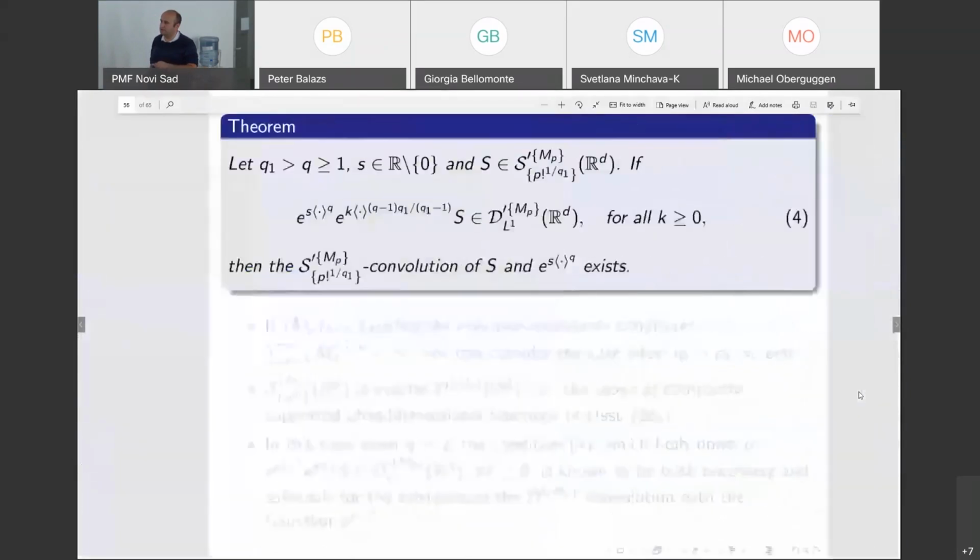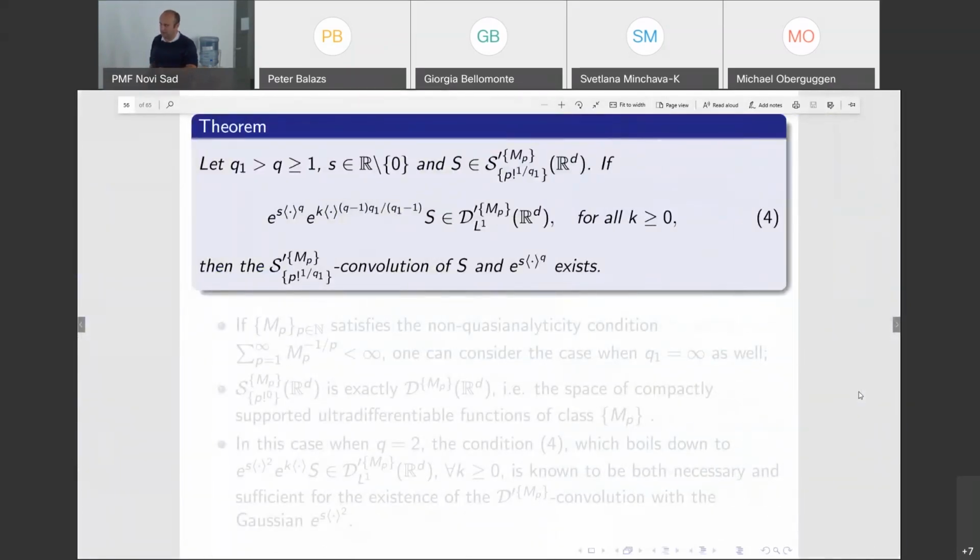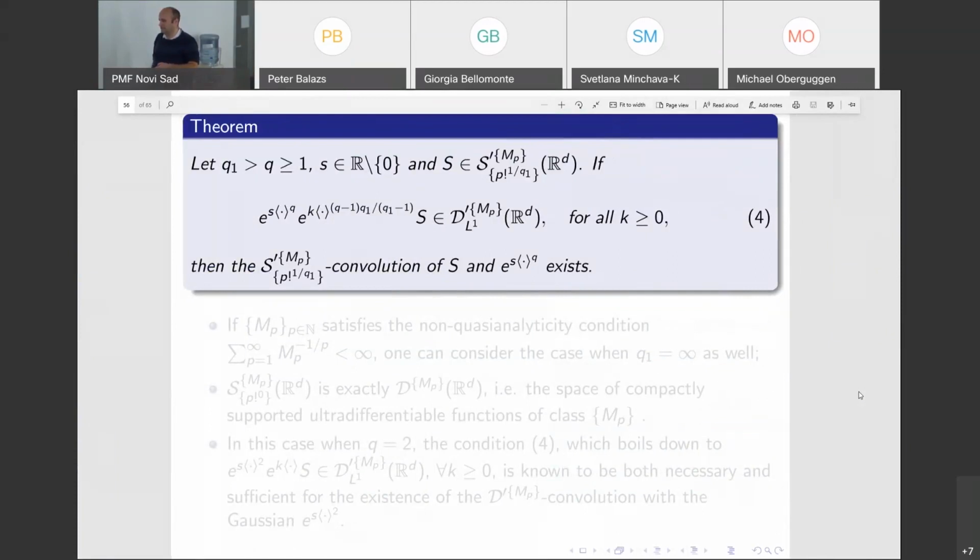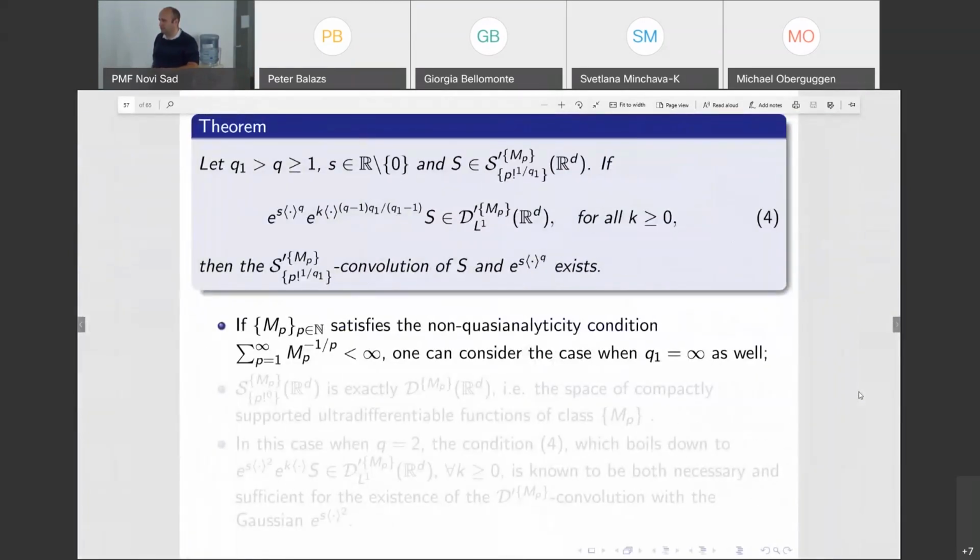However, look at this. So we have the q1, and then the q, which is greater or equal to 1, and then s. If s multiplied by this kernel and multiplied by something with a smaller term for all k, then the convolution exists. So we have the kernel plus something a little bit more. However, once again, you can see that we picked the case where q1 equals infinity.